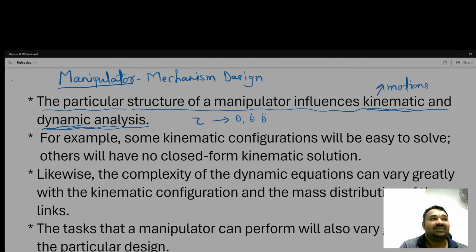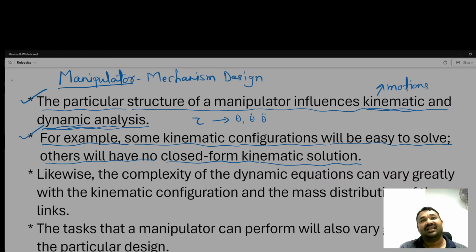Okay, so the first point we have done. Second, for particular example, some kinematic configurations will be easy to solve, others will have no closed form kinematic solutions. Cartesian, spherical, cylindrical, scalar are all configurations, along with the articulated manipulator, which we will discuss later.